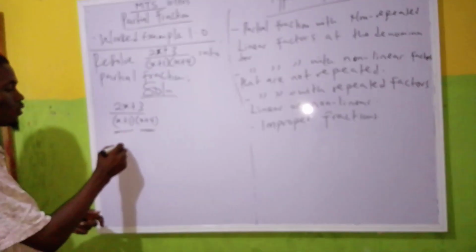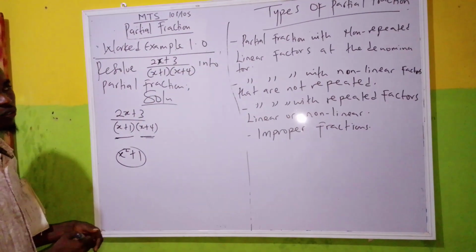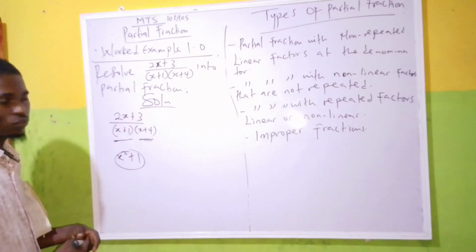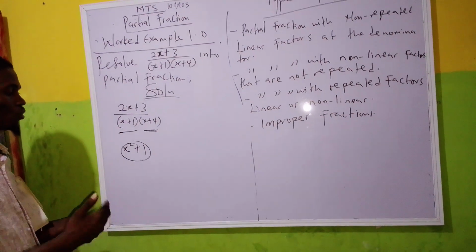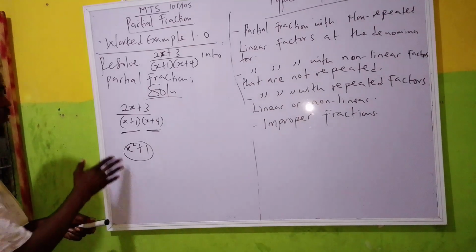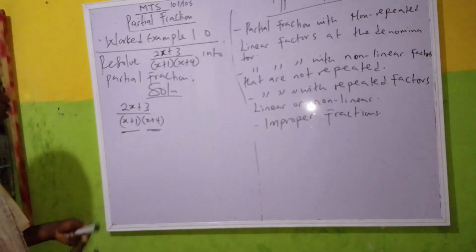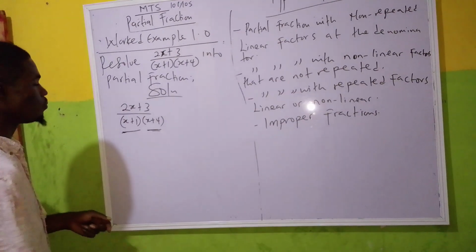But if I'm having something like x squared plus 1, that becomes a quadratic factor, which you can also call a non-linear factor, because it's carrying a power that is more than 1. So these are the 2 linear factors, and they are not repeated.